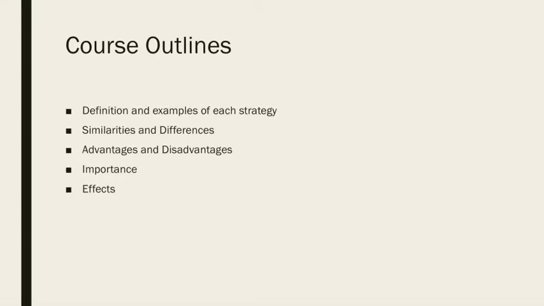After that, I will describe the similarity and difference between them by using a comparison chart. Also, I will provide a clear analysis about both advantages and disadvantages of each strategy. Finally, I will analyze the importance and influence of each strategy in order to help students have a better understanding about them.